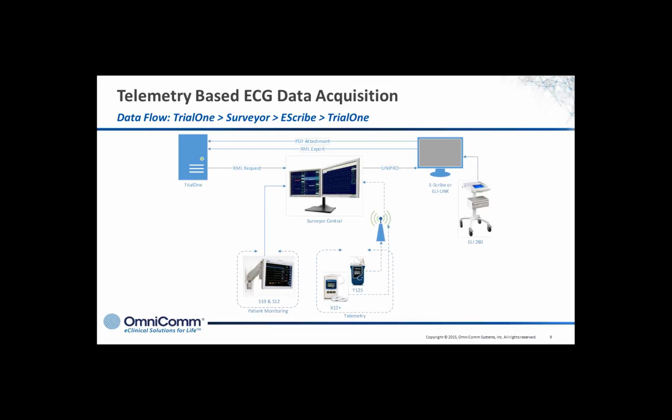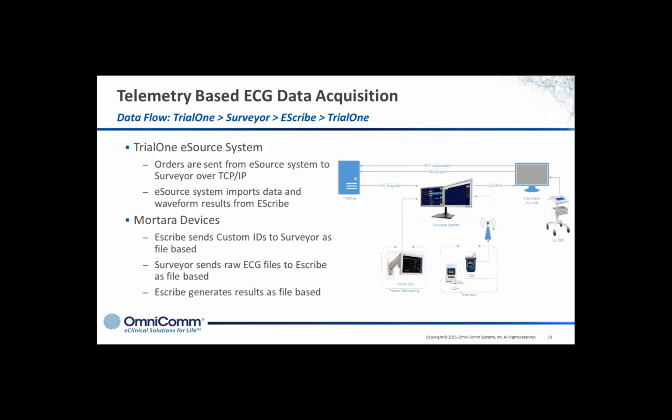So with the Surveyor-based model, we have configured trial 1 to automatically send a request or an order for each ECG for every subject on your study from the system directly into Surveyor. And it does this at a configured time point prior to each ECG, so it sort of preps Surveyor to take the traces at specific time points based on your study schedule.